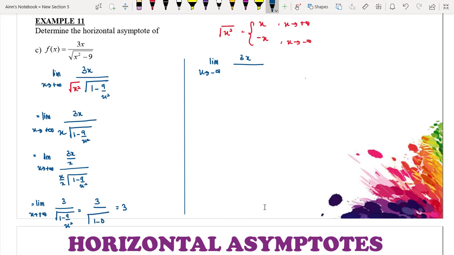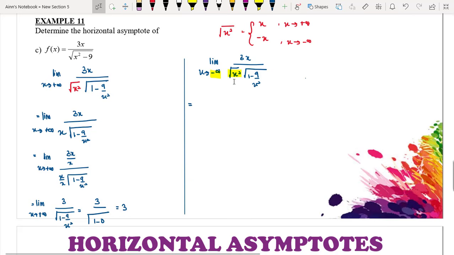We do the exact same thing, where we factorize the square root of x squared times (1 minus 9 over x squared). The difference here is that with x approaching negative infinity, from the definition, the square root of x squared equals negative x.